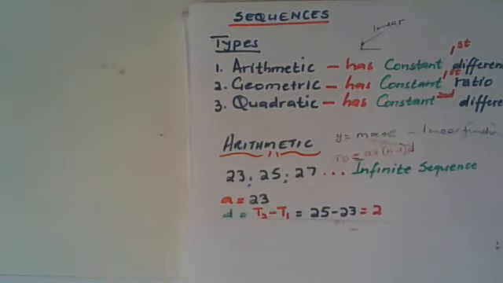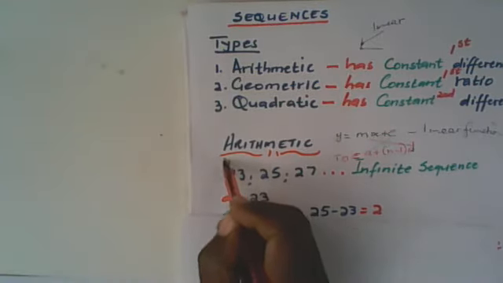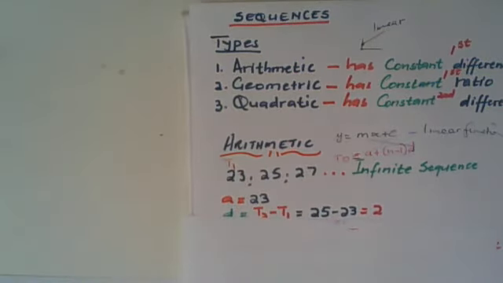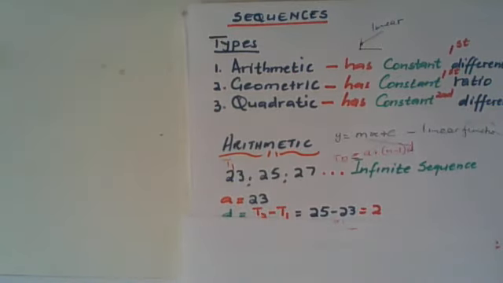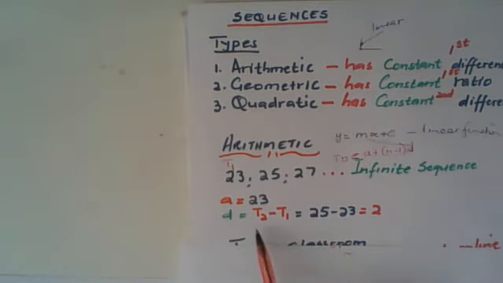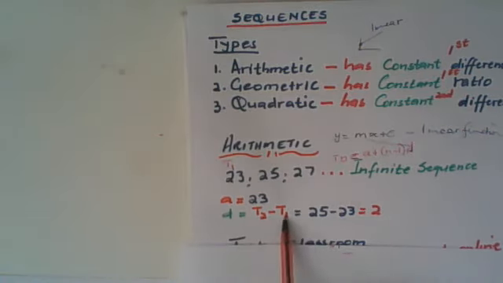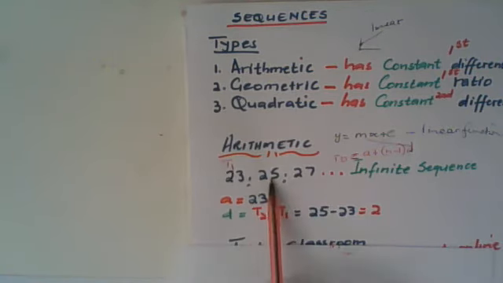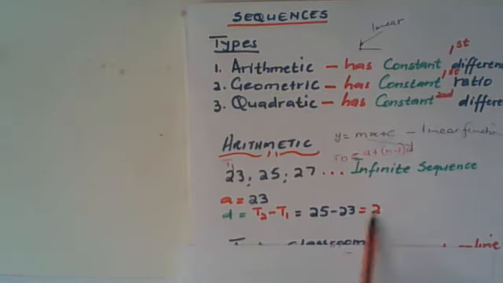Normally, this will be term number 1, then term number 2, term number 3. Term T1 is referred to as A, so our A is 23. In order to get our D, the constant difference, we subtract term number 1 from term number 2: 25 minus 23 gives us 2.